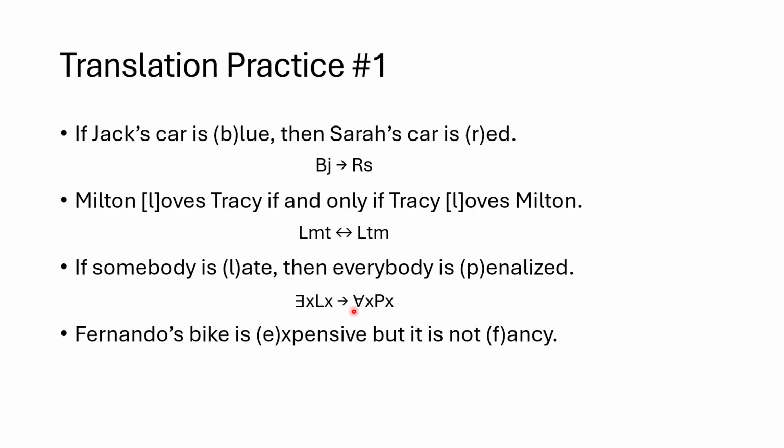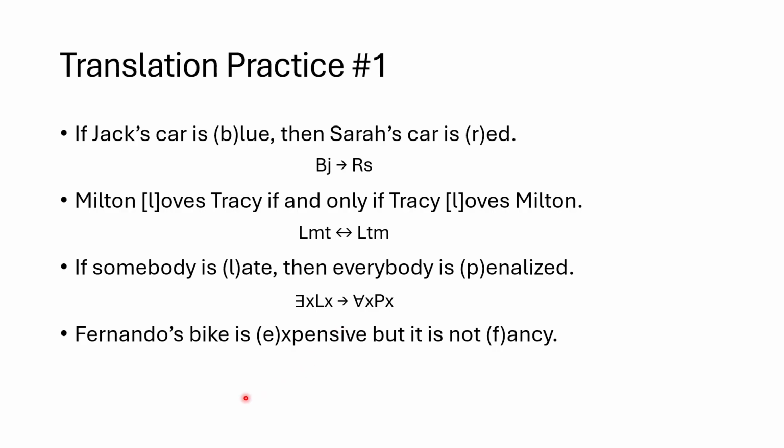Well, it's applying to everybody. So we use a universal quantifier to capture that relationship. And it's totally fine to use the same variable when the quantifier scope is limited to a single letter. But as we'll move on to more complicated statements in the next couple of slides, you'll see that the scope of the quantifier can be extended over a whole statement. So more on that in a moment.